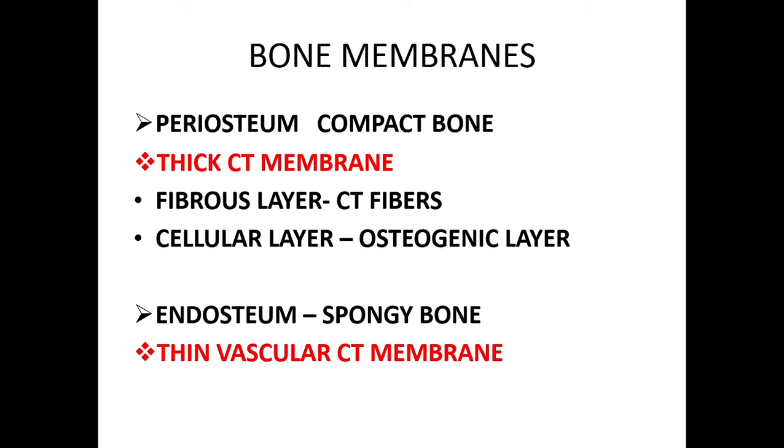Okay, so we call this the osteogenic layer. And going to the soft bone or spongy bone, we have the endosteum, which is also made up of connective tissue. And compared to the periosteum, the endosteum is a thin, vascular, connective tissue membrane.